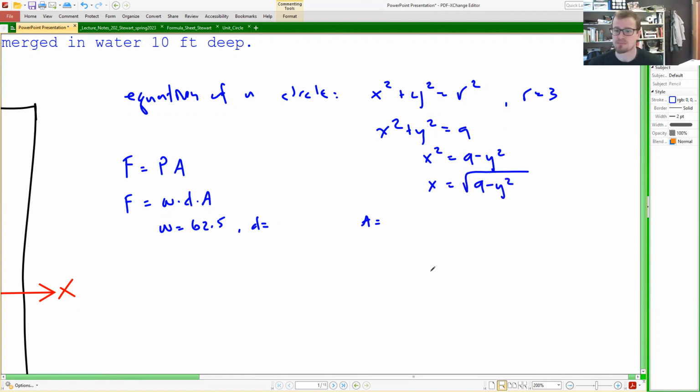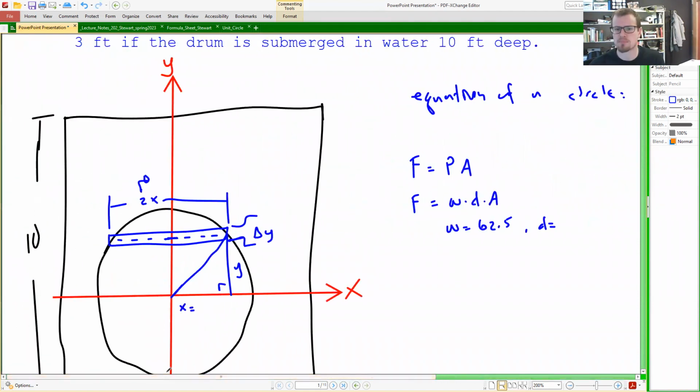There are some details I'm skipping over. The square root of a variable squared is actually the absolute value of it. So we get 2 different x values here, corresponding to this particular x value and this particular x value. I choose the positive one so that I can get this positive distance, and it is the square root of 9 minus y squared.